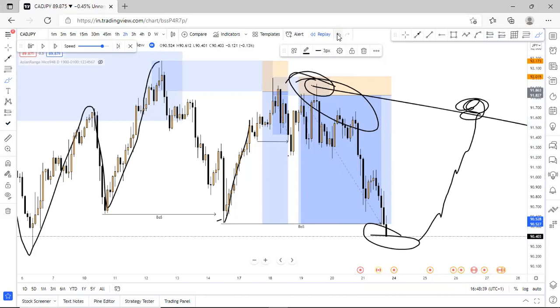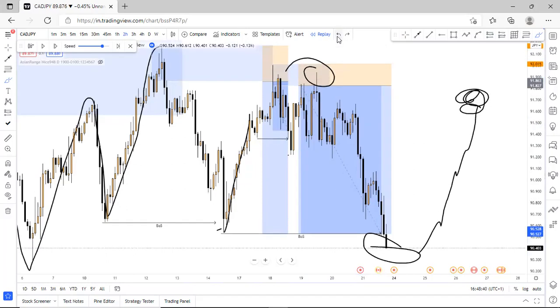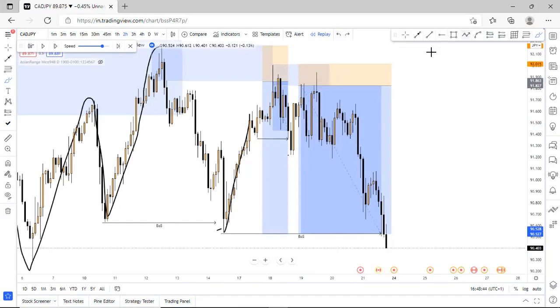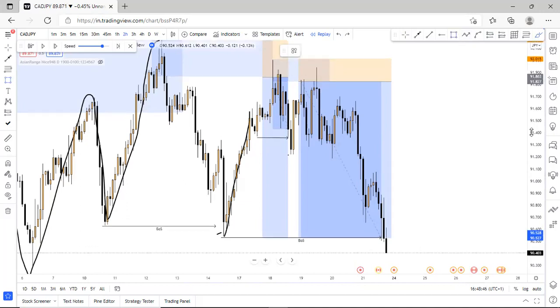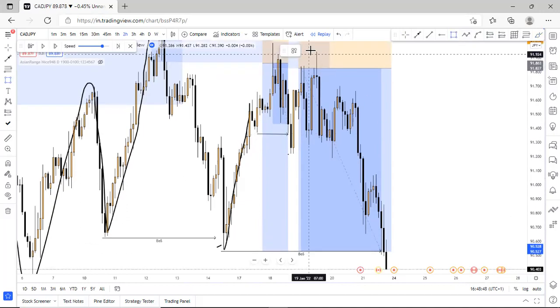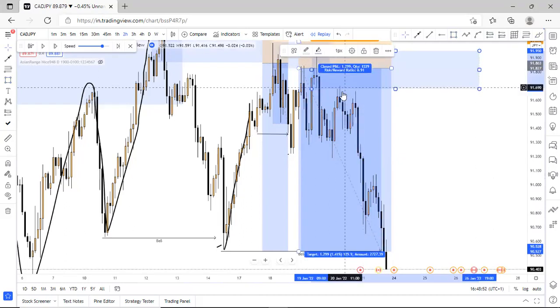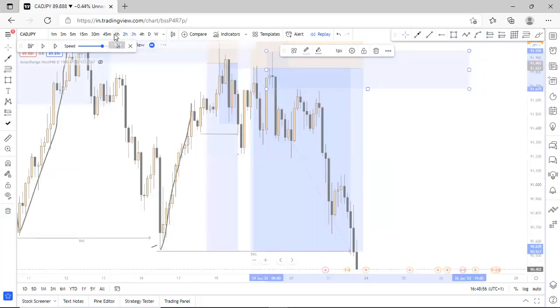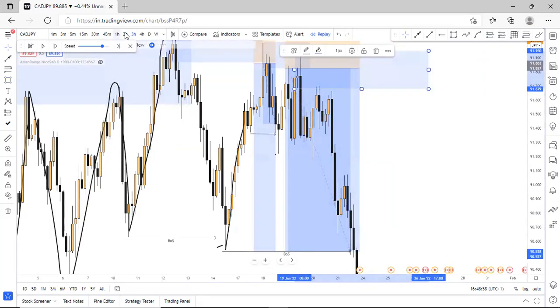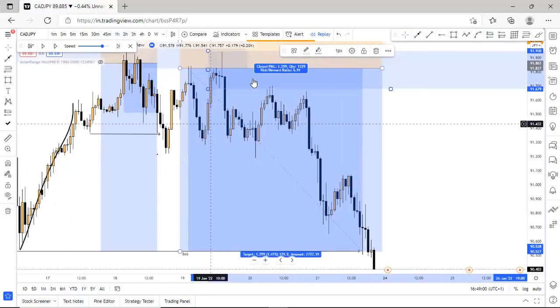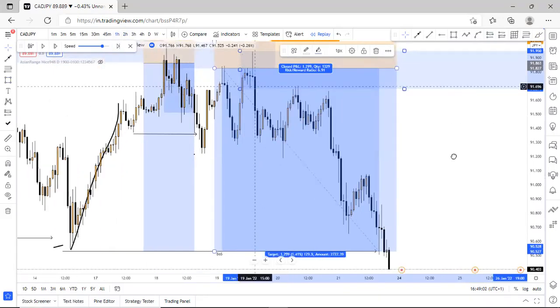Okay, so now we need to refine which supply zone we have. As you can see on this 2 hours time frame, we have this supply zone. Though it has been mitigated on this time frame, if you go to another time frame, I think it was not properly mitigated. You can see we have a little imbalance right here.